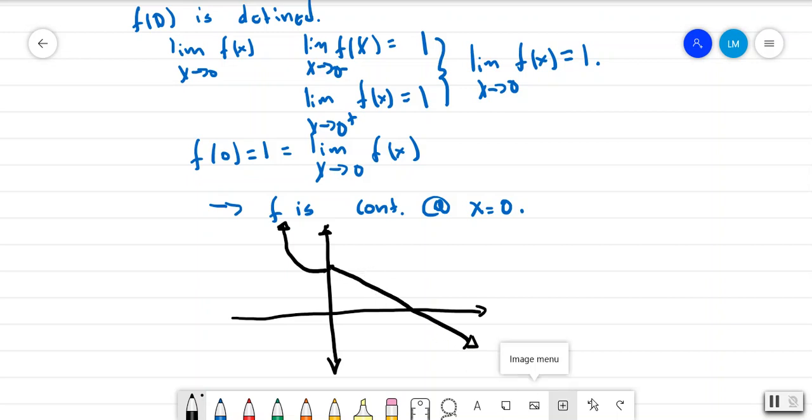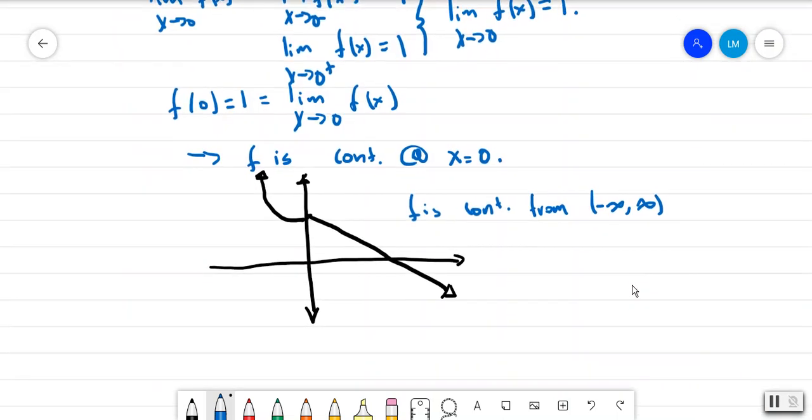Okay, so looking at this graph, I can see that f is actually continuous from negative infinity to infinity. So that's kind of interesting in the sense that, okay, yeah, it's continuous everywhere.